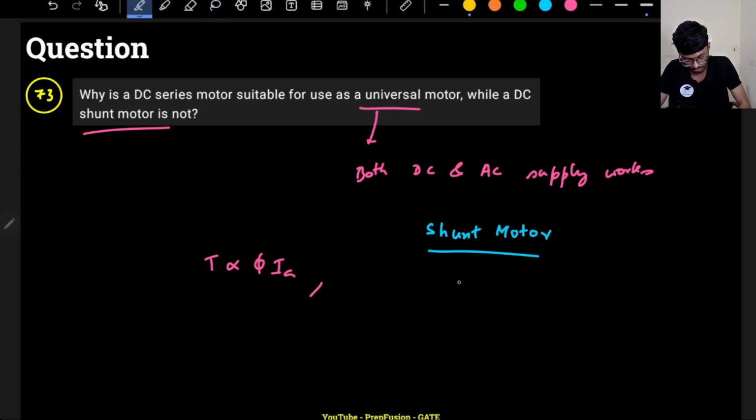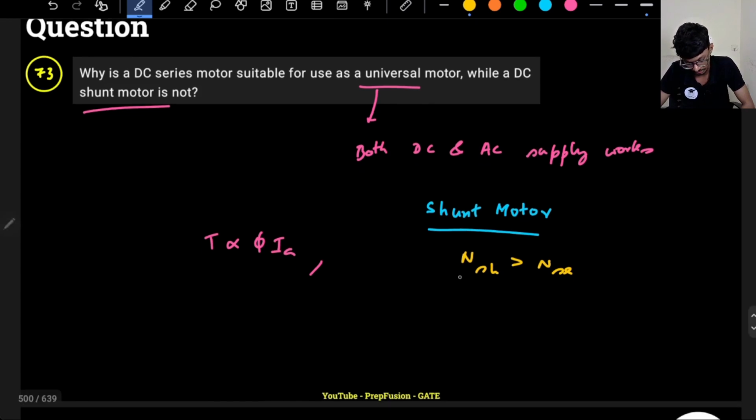In case of a shunt motor, I know that the number of turns of shunt is very much higher than the number of turns of series winding, right? Because the resistance is very high. To make the resistance very high, the area is smaller there. If area is smaller, resistance is made high, and yeah, we discussed about this, right?